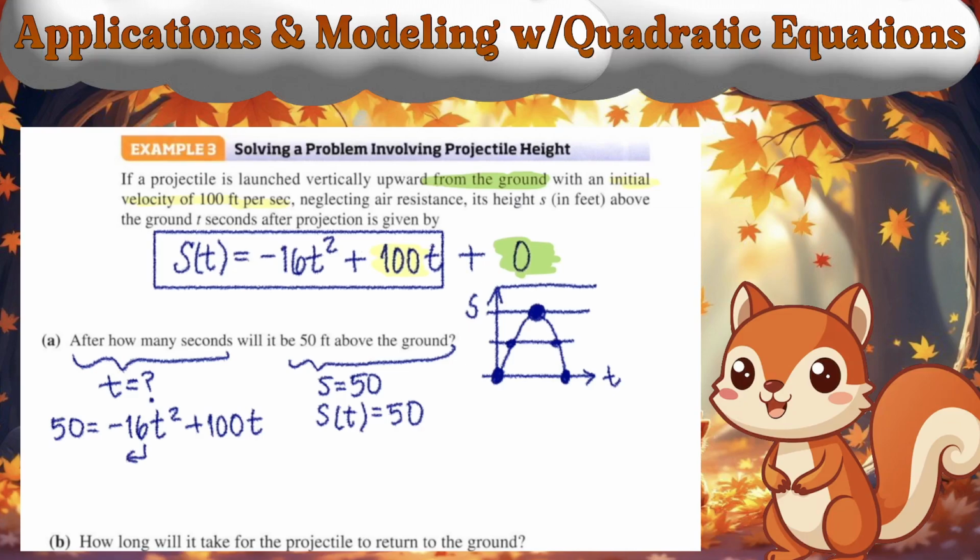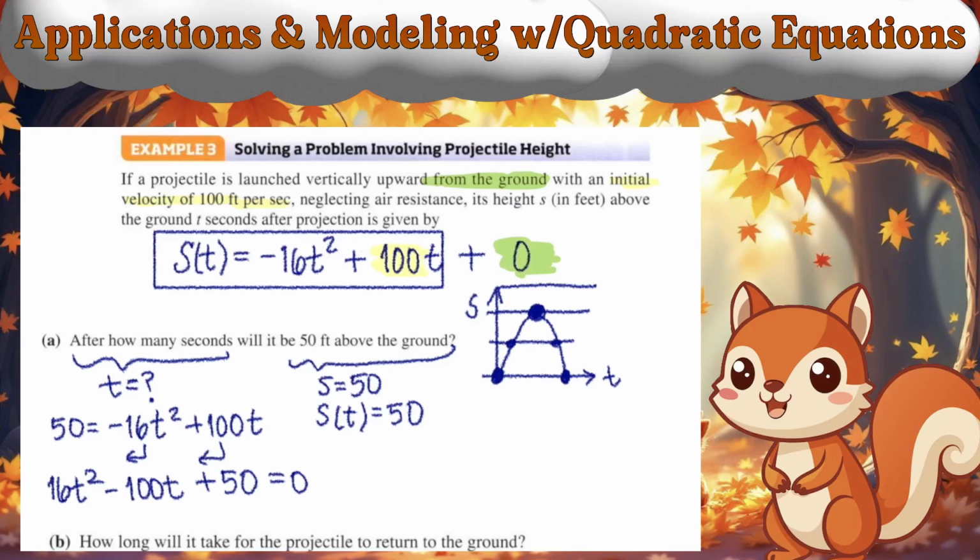I'm actually going to opt to bring everything to the left side so that I'm working with positive coefficients in front, but it's not really going to matter because, spoiler alert, this one's not factorable. We need the quadratic formula. But 16t squared, positive, right, minus 100t plus 50 is 0.